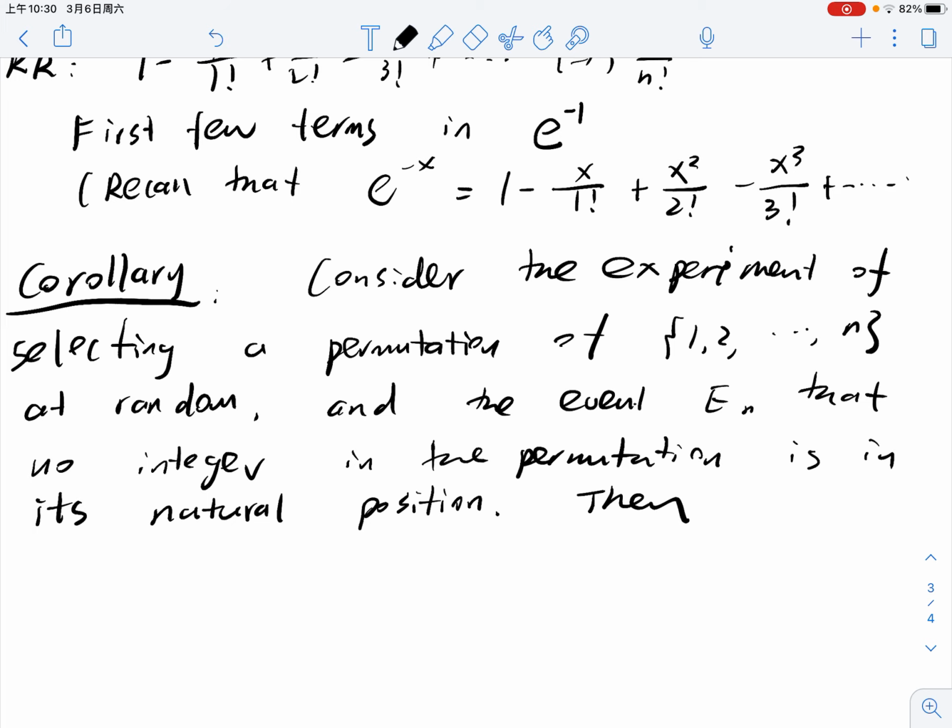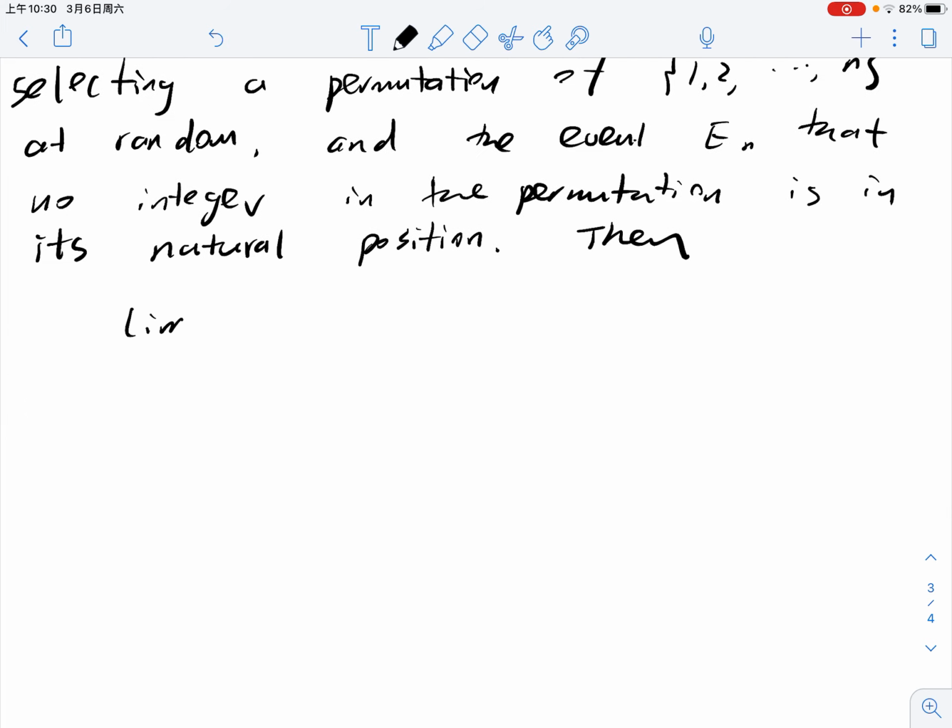Then, when n goes to infinity, the probability of event En is exponential minus 1.